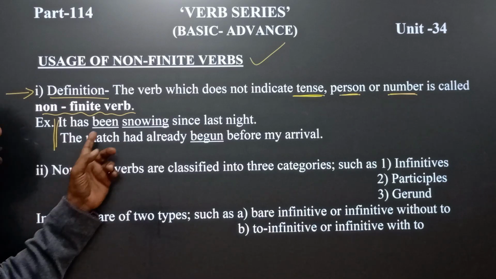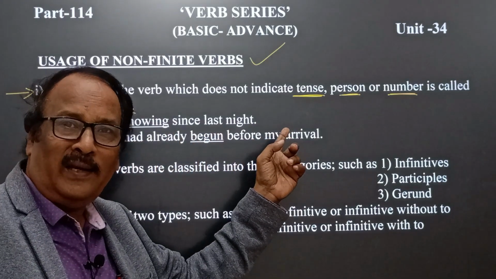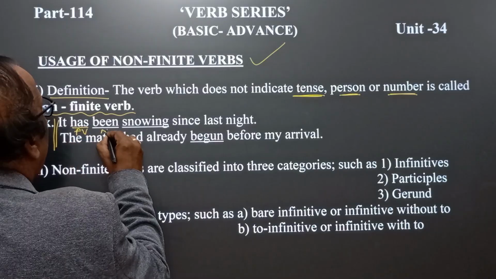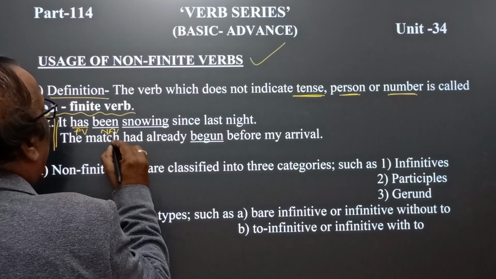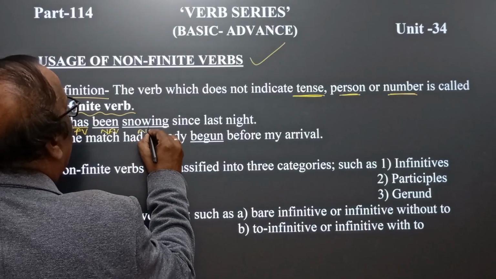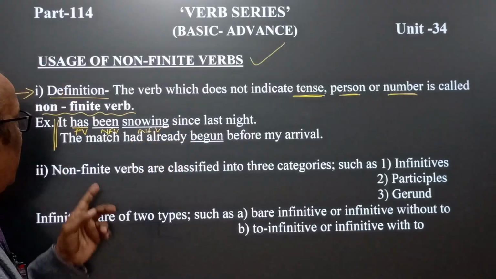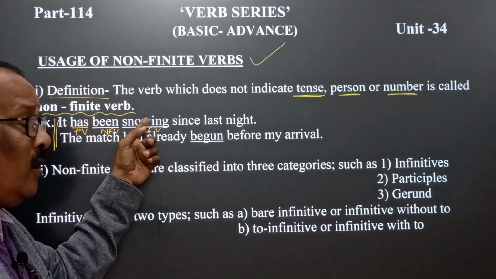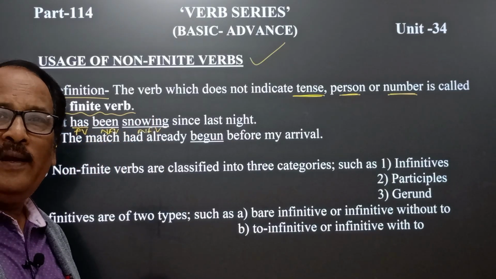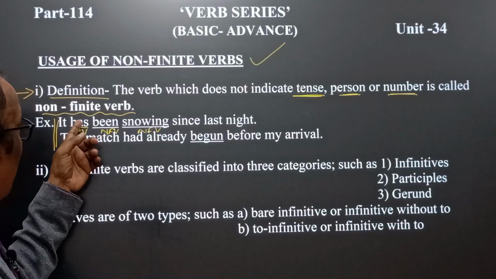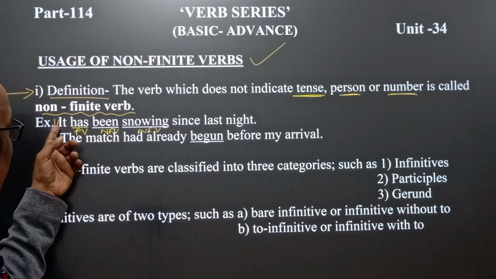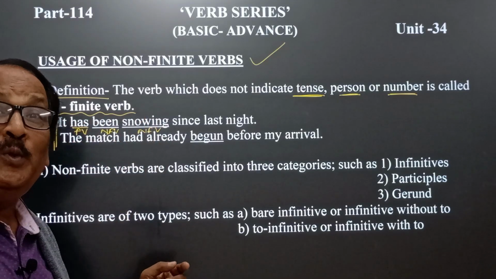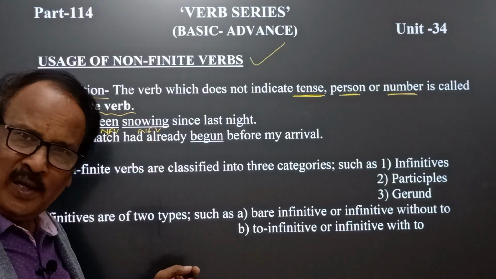Let's see in examples. It has been snowing since last night. Here has is the finite verb, been is the non-finite verb, and snowing is also a non-finite verb, because whenever has takes tense, been and snowing don't take a tense. Has keeps a relationship with it, the subject, but been and snowing have no relationship with it.